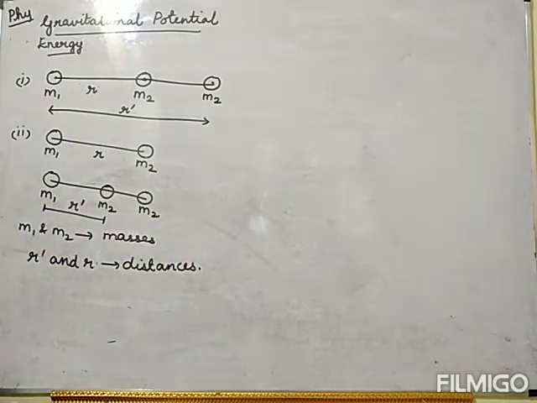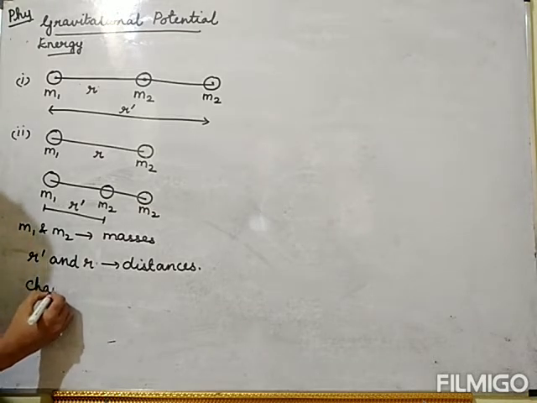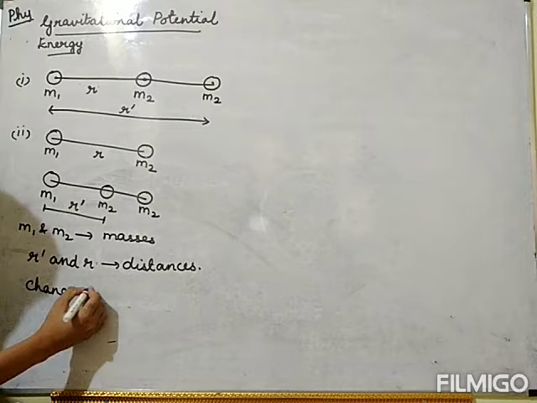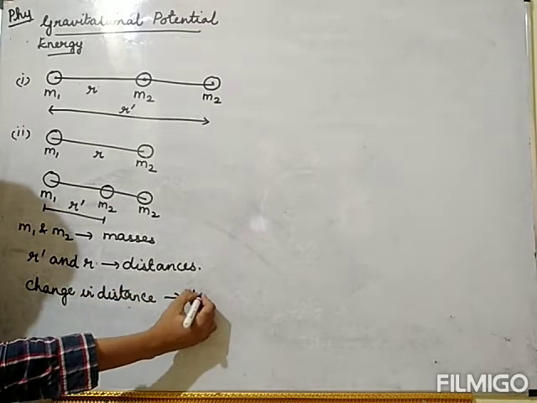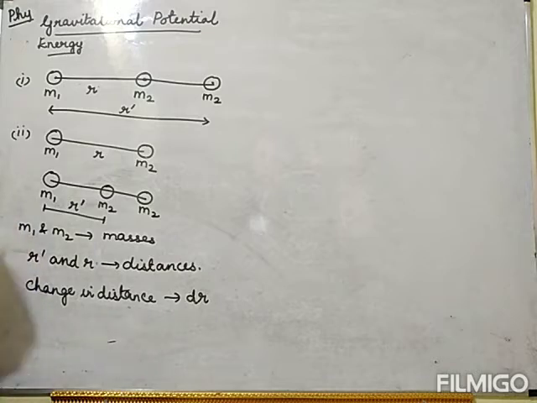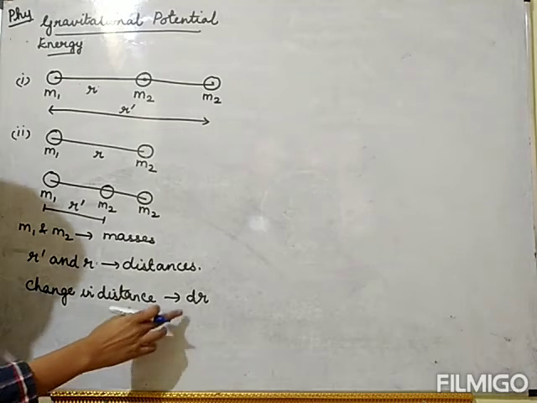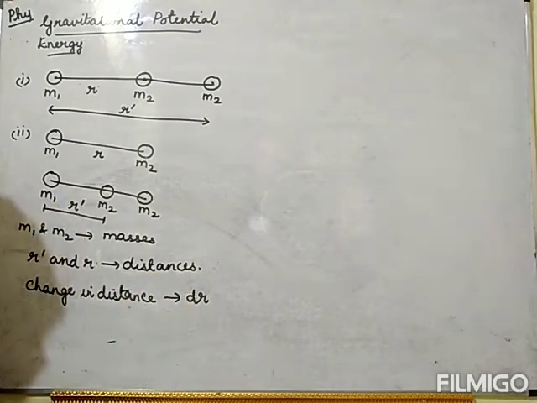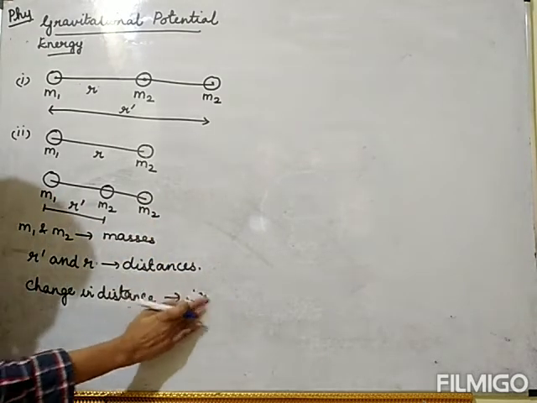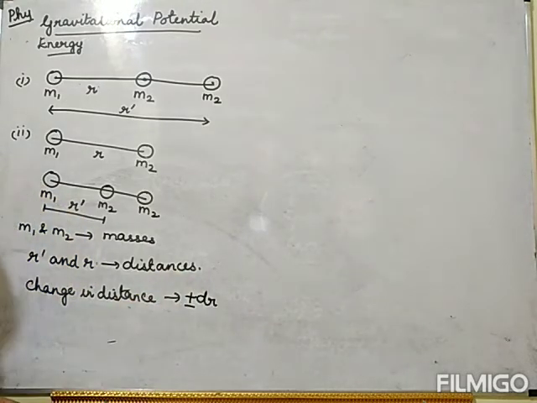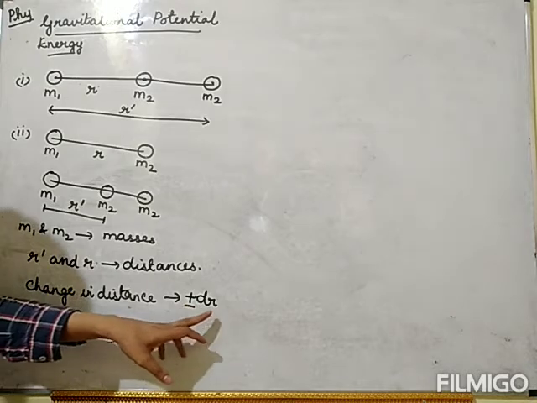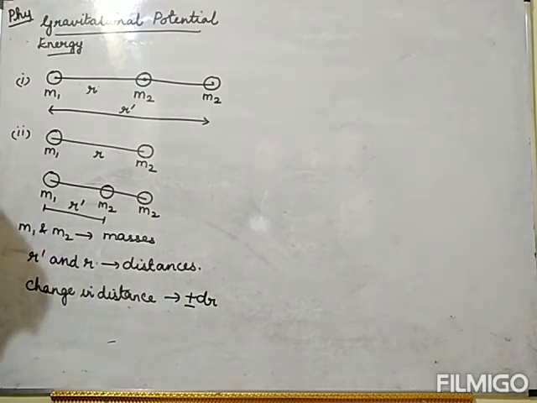The distance is changing from r to r dash. So the change in distance I am going to take as dr. When the distance is increasing, it will be plus dr. When the distance is decreasing, it will be minus dr. So the change in distance will be plus or minus dr.